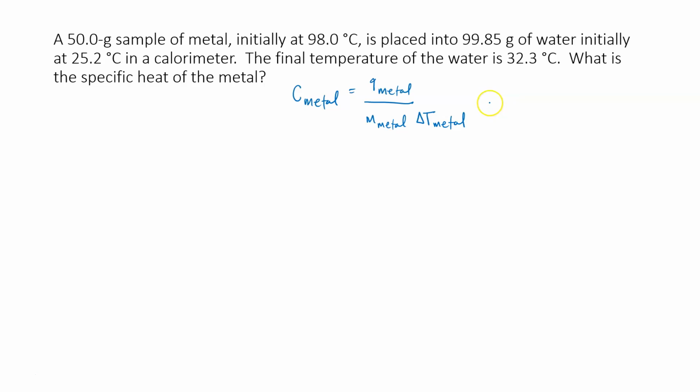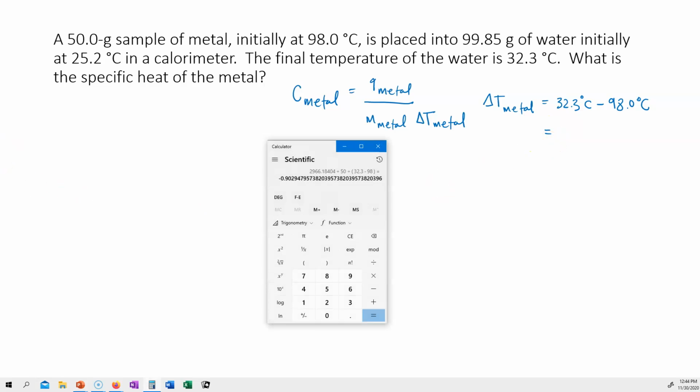And while I'm doing it, let's go ahead and just explicitly write down the delta T for the metal, because I messed it up on the first video. So the final temperature of the metal is the same as the final temperature of the water, which is 32.3 degrees Celsius. And the initial temperature of the metal was 98.0 degrees Celsius. So the difference here is going to be a negative delta T. And let me just grab my calculator.